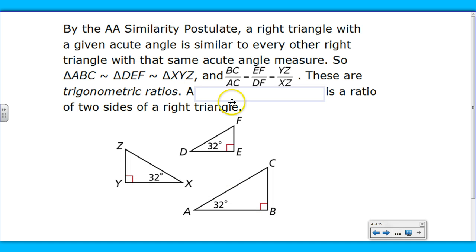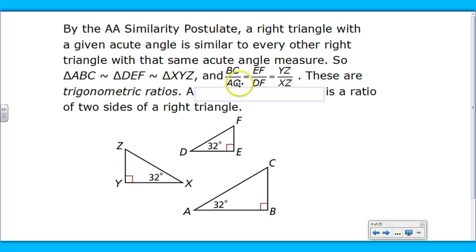Okay, so let's think about right triangles. By the angle-angle similarity postulate, we know that a right triangle with a given acute angle is similar to every other right triangle with that same acute angle measure. So triangle ABC is similar to triangle DEF, and they are each similar to XYZ.